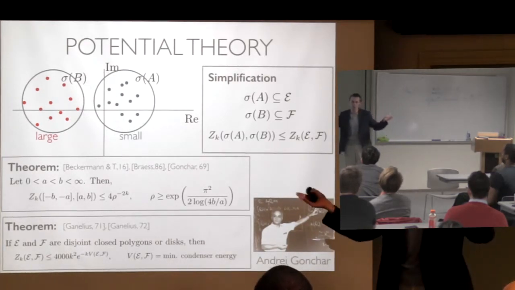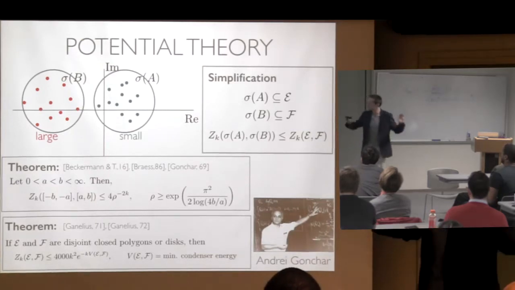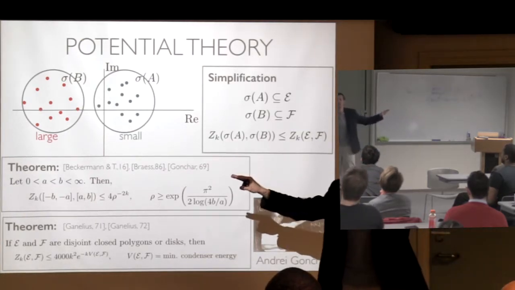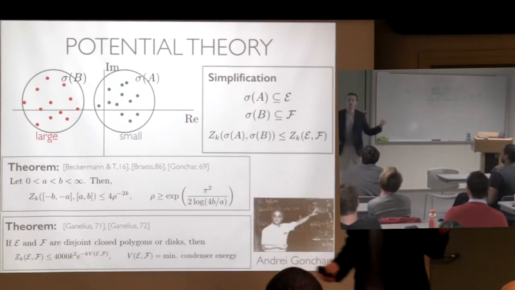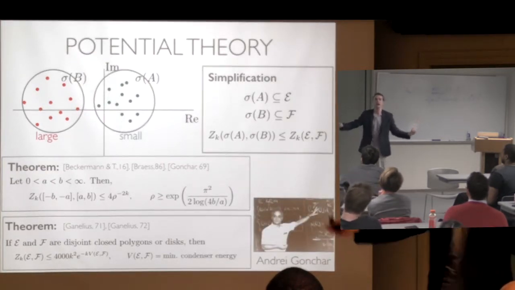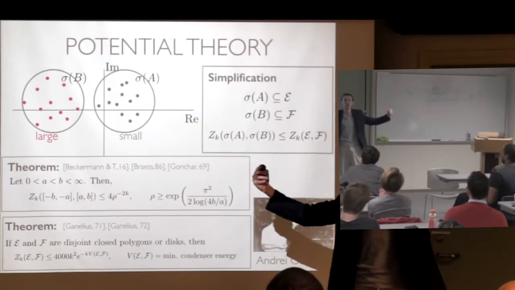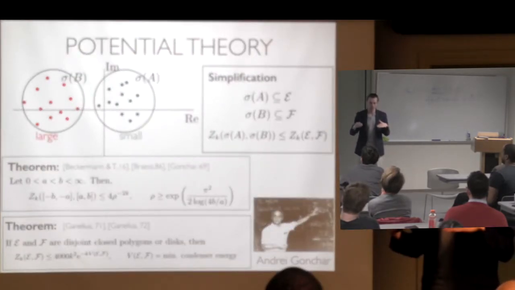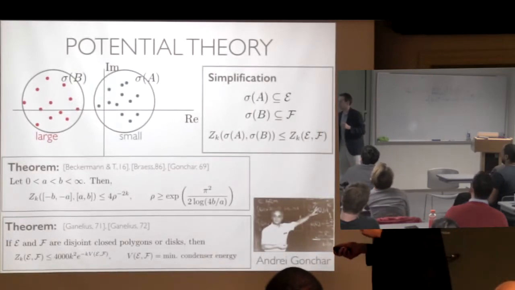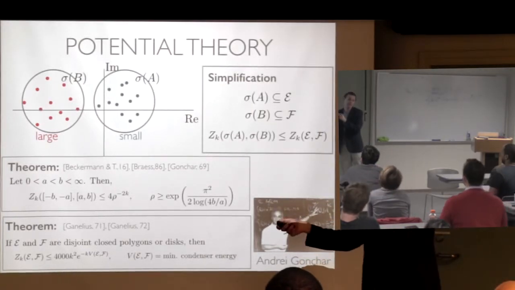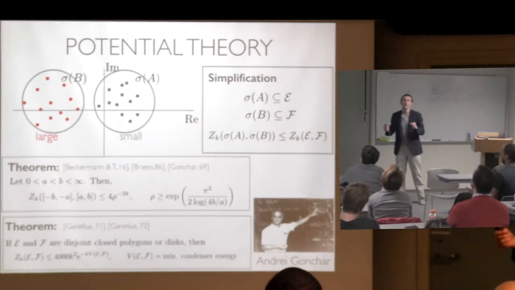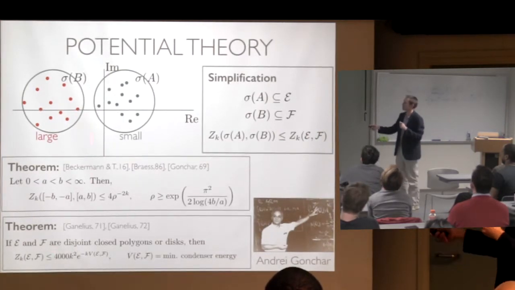The energy they have is large because they can't use each other to lower their energy. That turns out to be a good case for Zolotarev. So large energy means rational approximation: there's a good rational approximation that's small on this region and large on this.